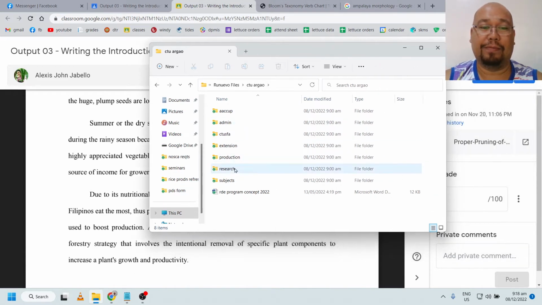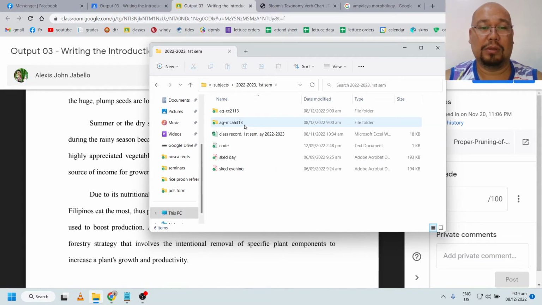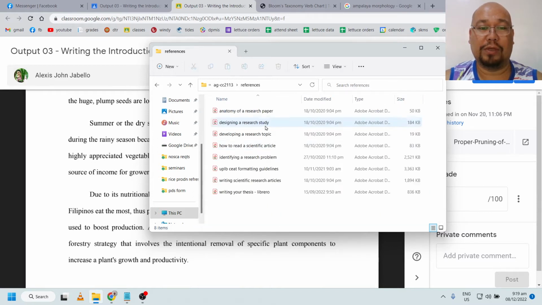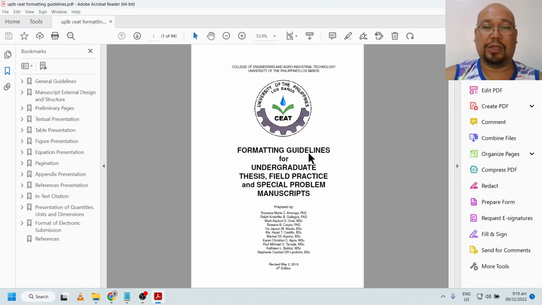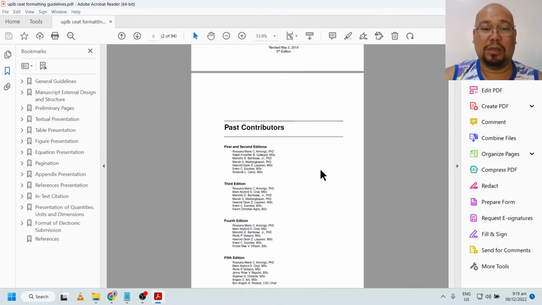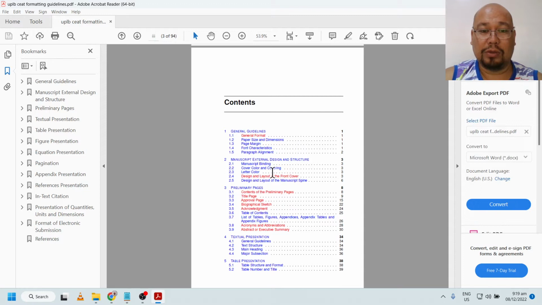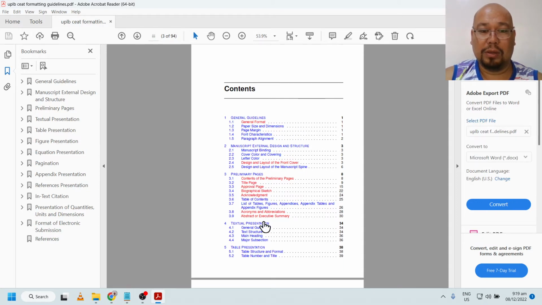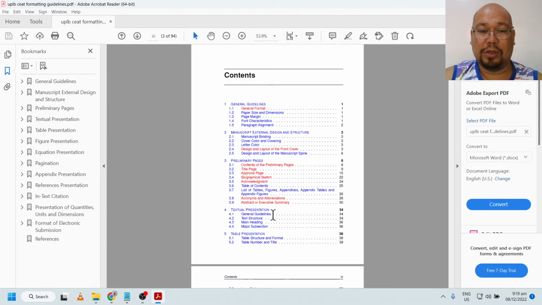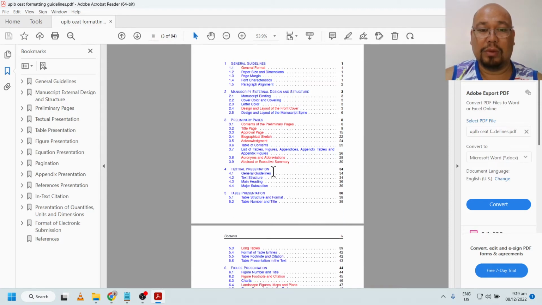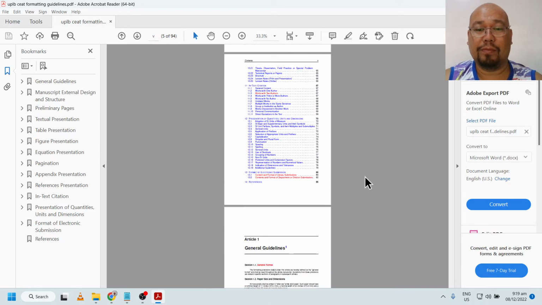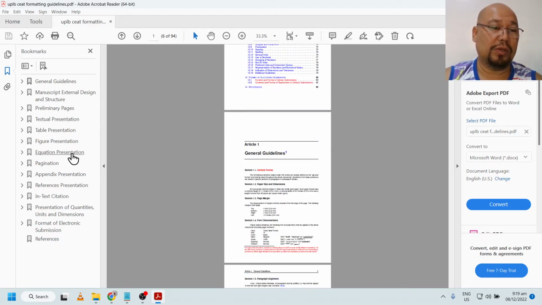For a while. That is subjects. References. Formatting guidelines. We are using this one. Manuscript binding. General guideline, text structure. Table, textual equation.